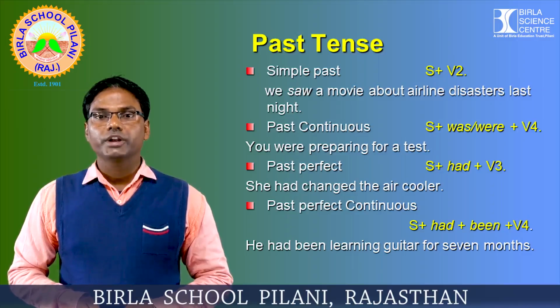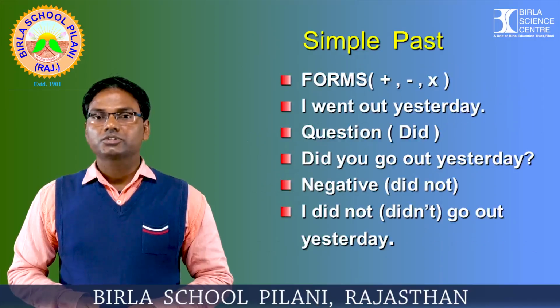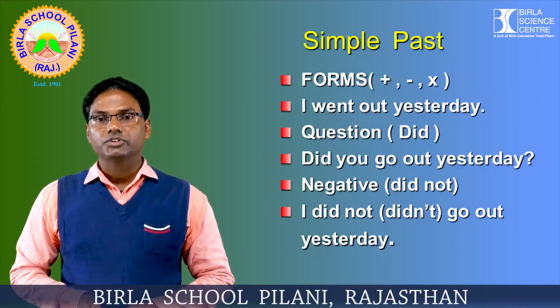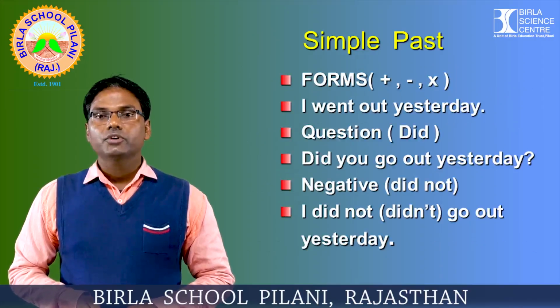But we are going to study all the three structural forms of sentences. The first in simple past is the positive sentence, and for positive sentences of simple past we use subject and the second form of the verb.